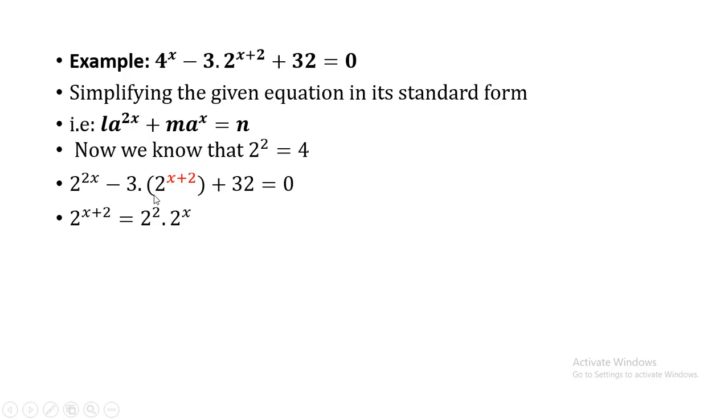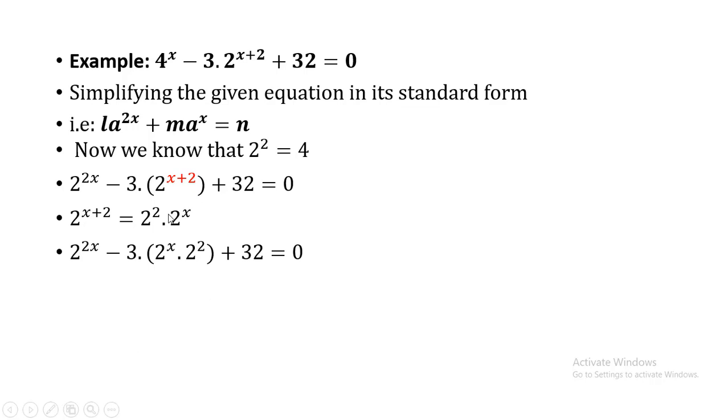Now we solve 2^(x+2), which equals 2^2 times 2^x. The base is the same, so the powers add. I've written it in its standard form, 2 squared into 2^x.